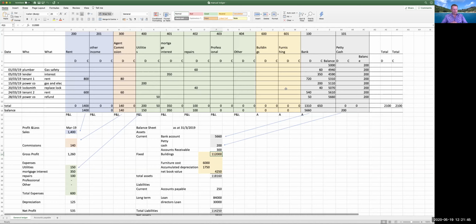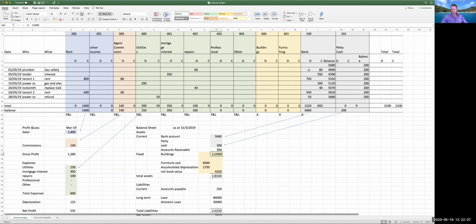So we're looking here at March 2019, and as you can see on the 1st of March, the £60 that was in the bank account was the payment that you made to the plumber for a gas safety certificate.